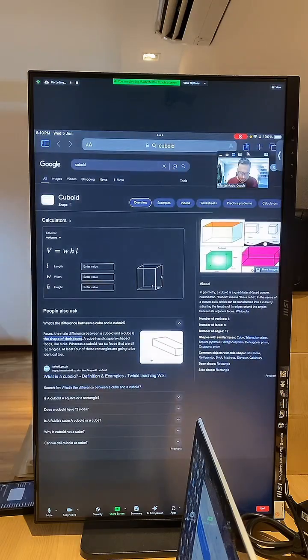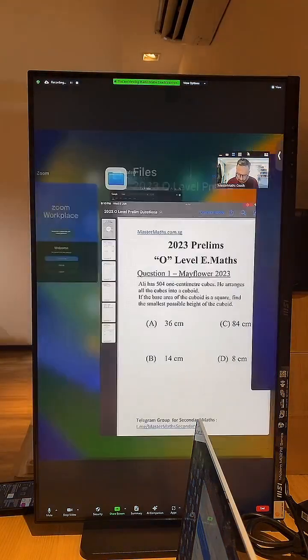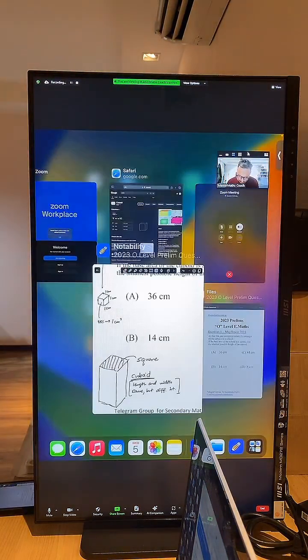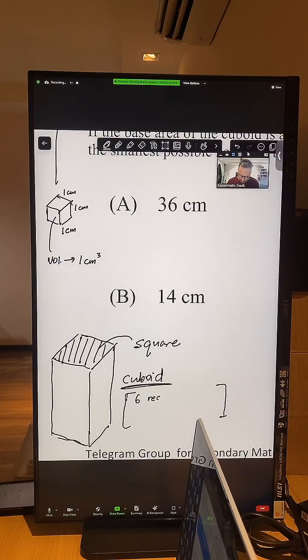So for a cuboid, I shouldn't write this. What did I write? Alamak, wrong page. Here we go. So this is wrong. Okay, so cuboid, 6 rectangular faces.